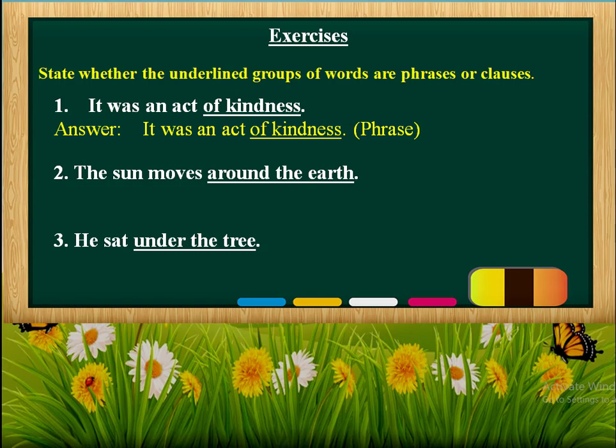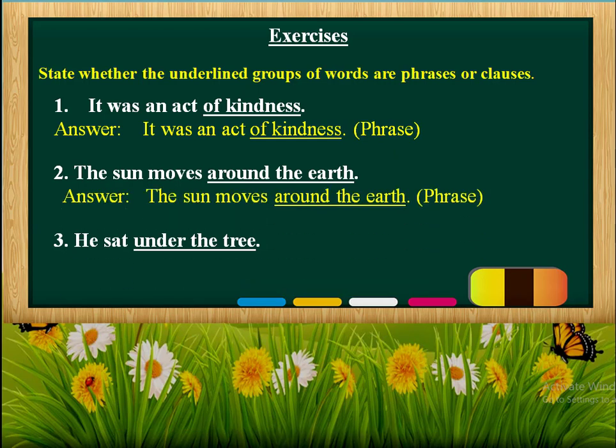Second one, the sun moves around the earth. Around the earth, is it a phrase or clause? Let's see. The sun moves around the earth. Around the earth is a phrase.